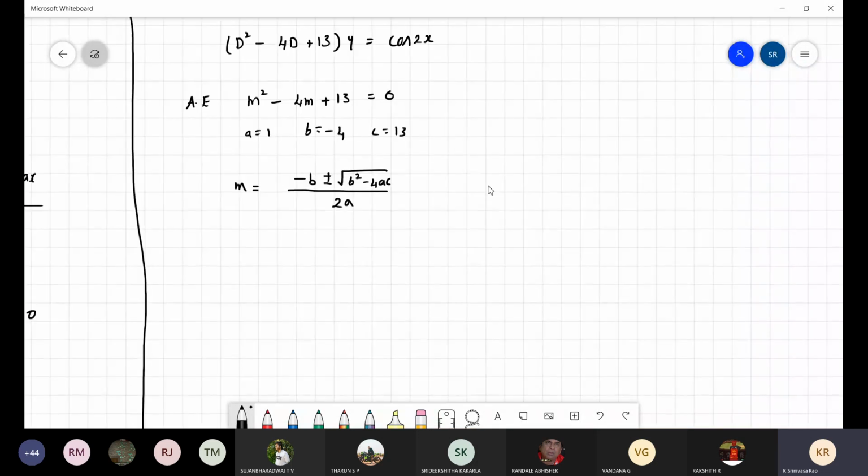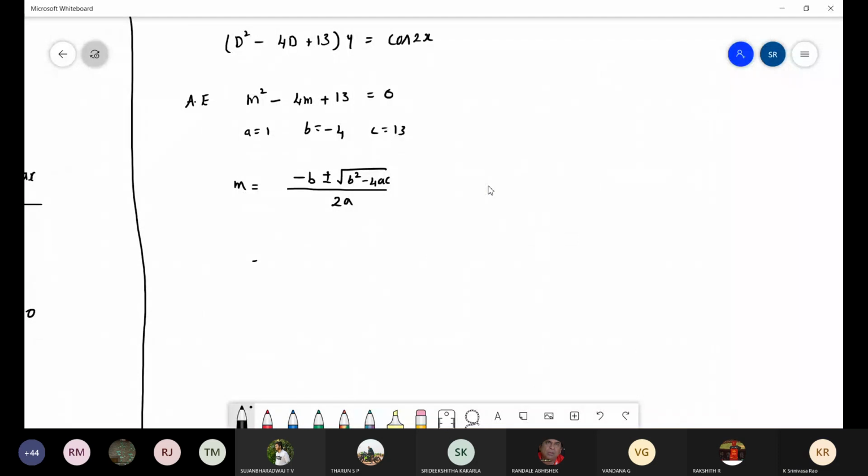So substitute: minus b is minus 4, minus becomes plus 4, plus or minus square root of b square is 16 minus 4ac. So then what you will get? 4 into 1 into 13, 52. Is it right?